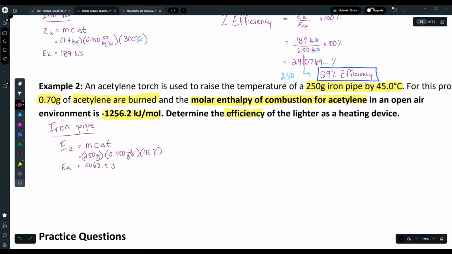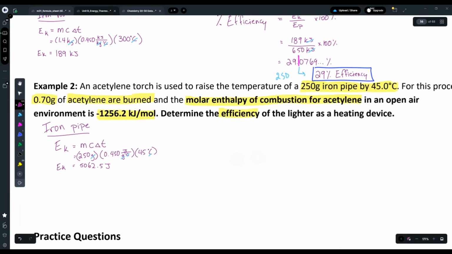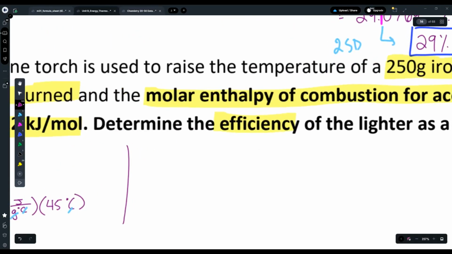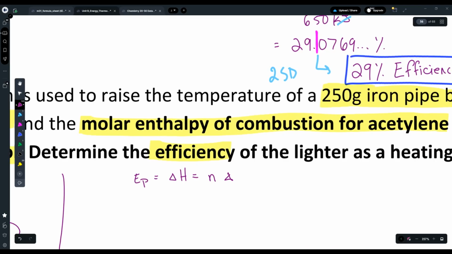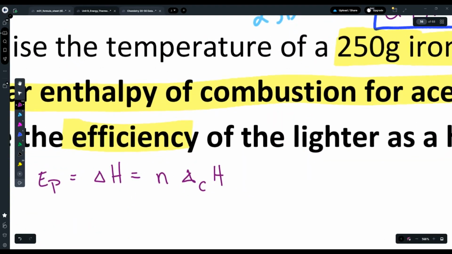Alrighty, so we have kinetic energy, now we need to figure out potential energy. Remember that potential energy is equal to the change in enthalpy, which is equal to moles times the molar enthalpy of, and since our reaction here is combustion, the molar enthalpy of combustion for acetylene.